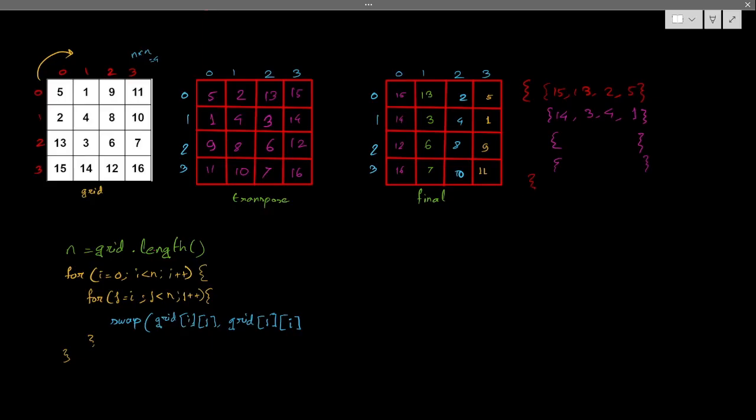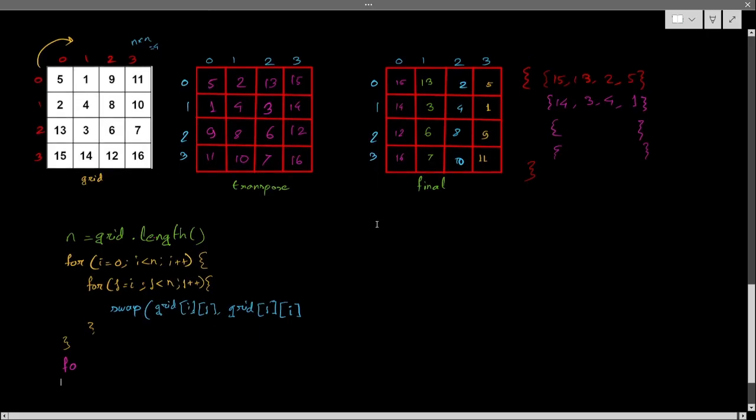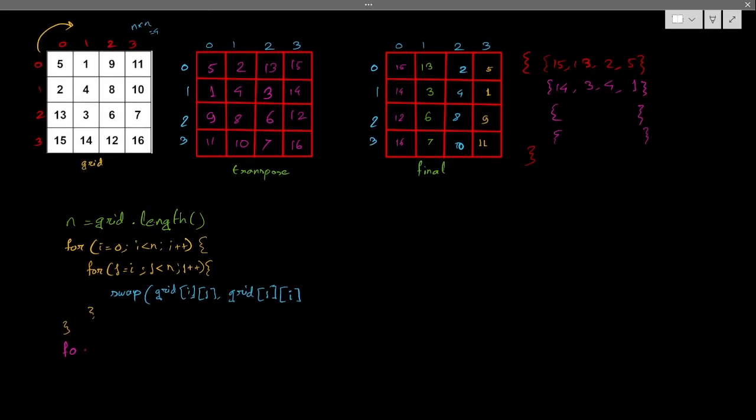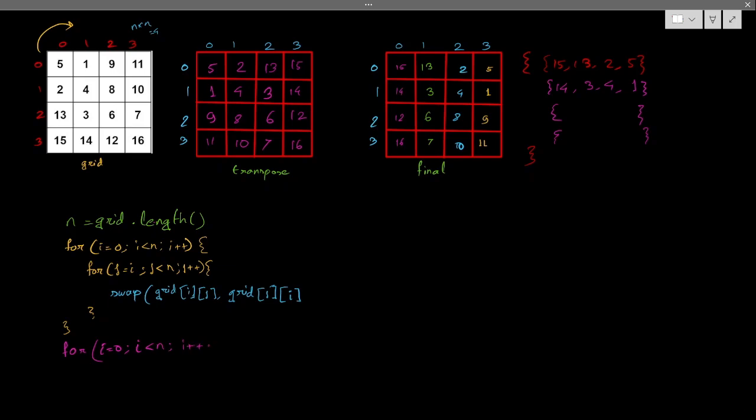So at the end, what do I have to do? I have to iterate one last time: for i equals 0, i less than n, i plus plus.